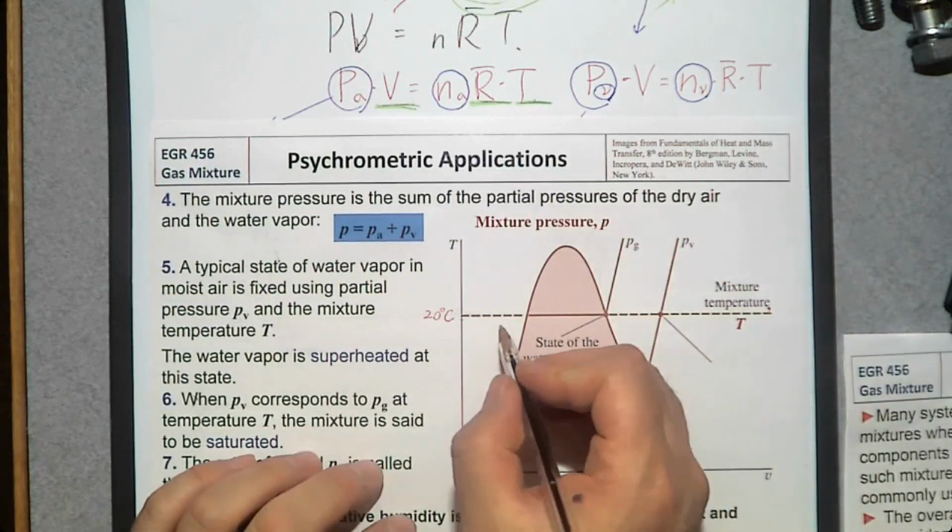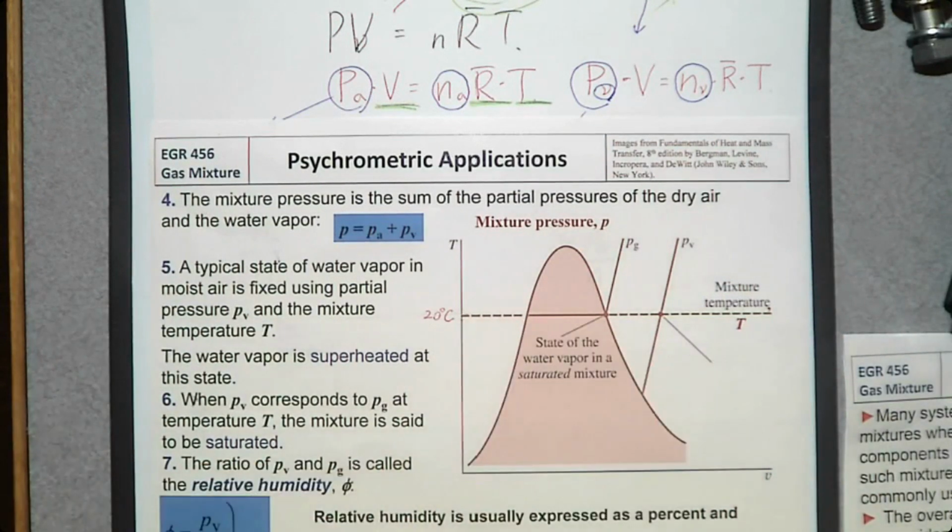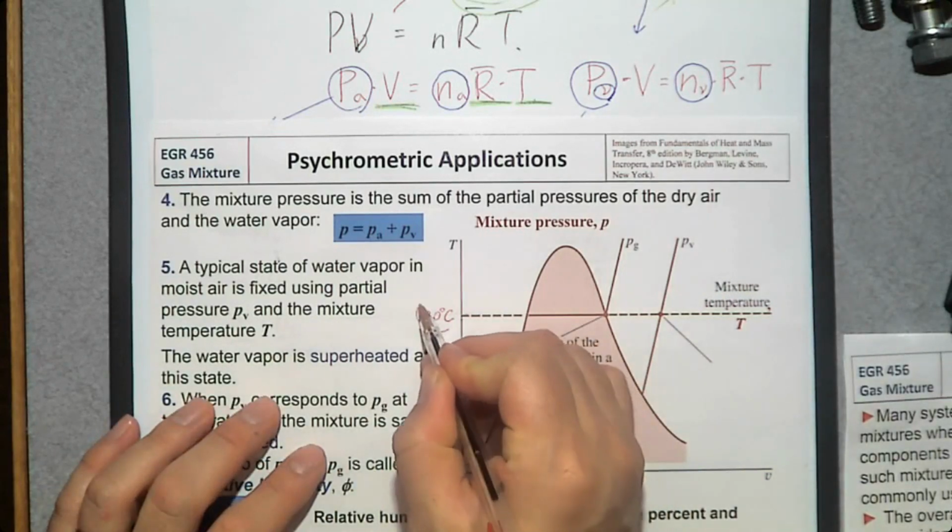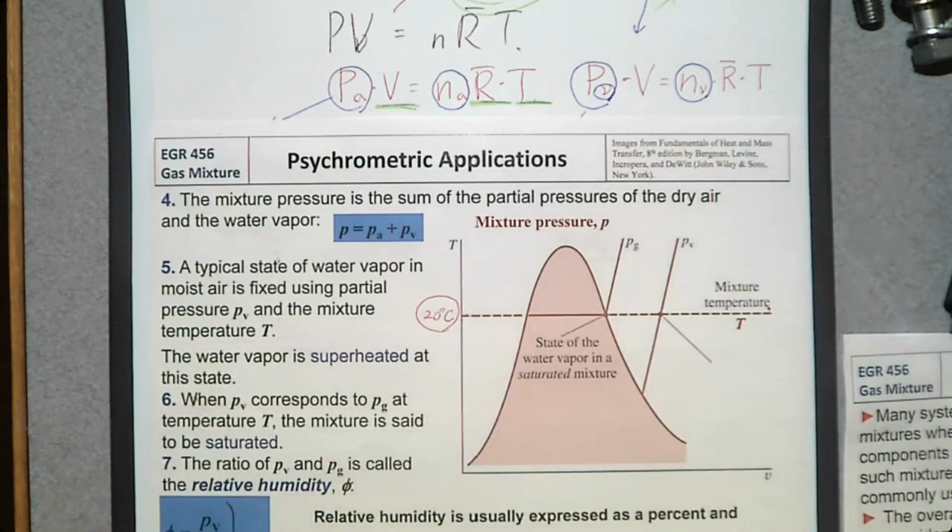So let's assume that we are investigating the moist air in this classroom. Then the temperature is going to be 20 degrees Celsius. Depending on the amount of water vapor, the water vapor can be anywhere on this line, okay? Not beyond this point. So from here to the right.